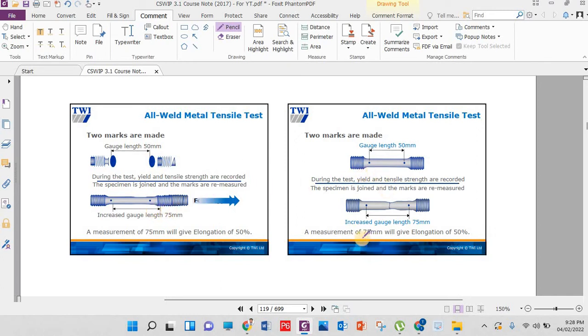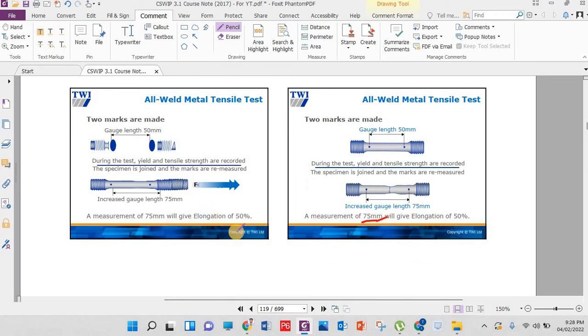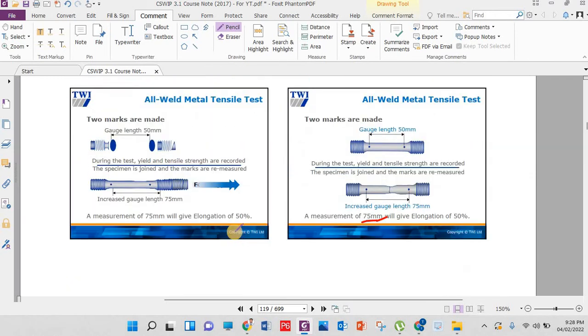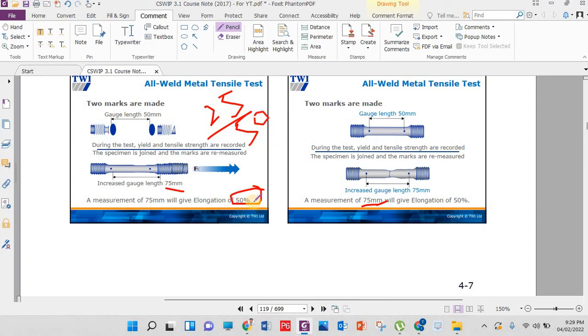Suppose the original gauge length is 50 and the increased gauge length is 75, then elongation will be 75 minus 50, which becomes 25. We have to mention 25, okay, not 75. After minus, 25 over 50, multiply by 100, that will become 50% elongation. I hope you got the point.